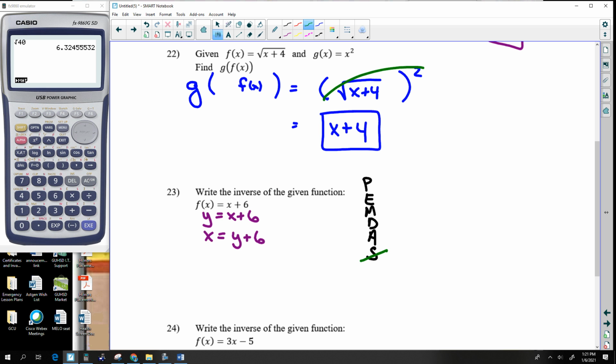No. Is there anything adding to my y? Yes, plus 6. So that means minus 6. By minus 6, that gets rid of that 6. And that leaves y, so there's nothing dividing, nothing multiplying, no exponents. That's what it is. So this is going to be the inverse, which was originally f of x. The inverse is equal to x minus 6.